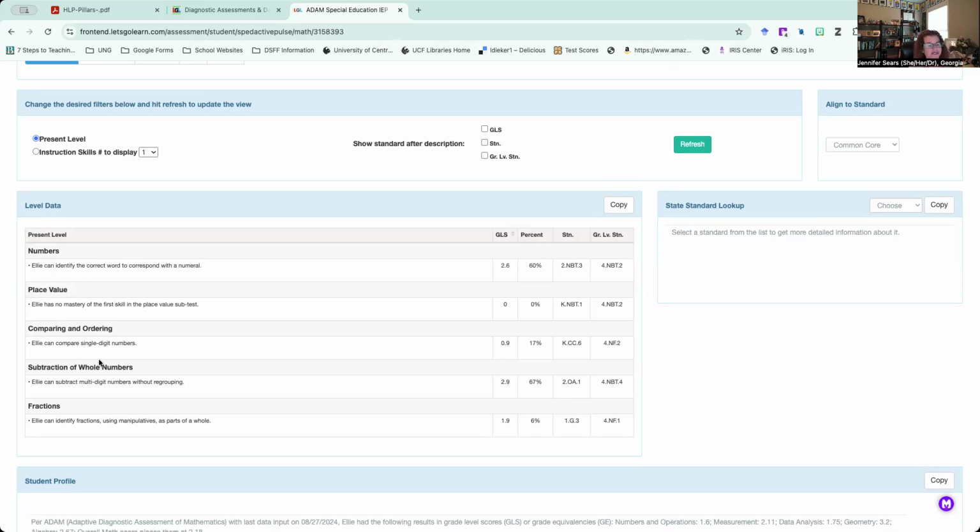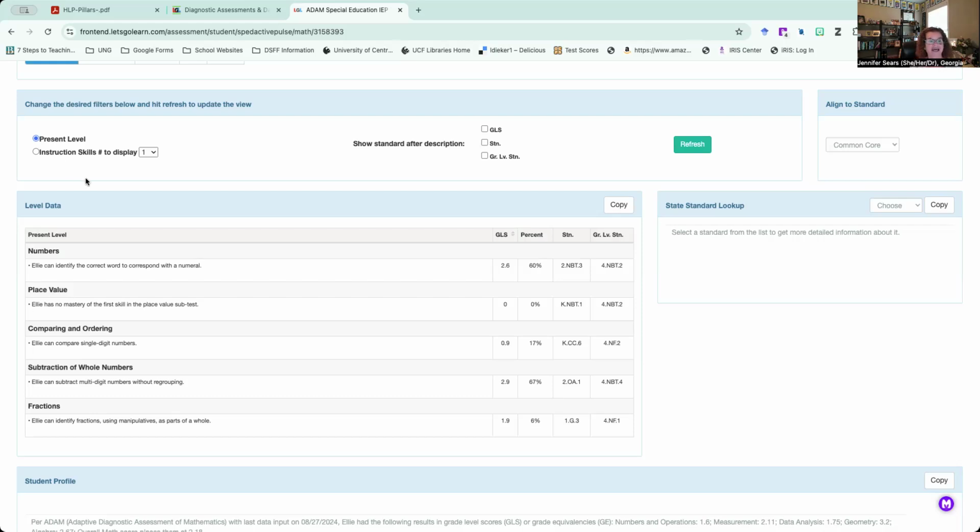That's a concern. She also can compare single-digit numbers. Okay, we're doing okay there. She can subtract multi-digit numbers without regrouping. So if she doesn't have to do that regrouping part, then she's all right. And then she also can identify fractions using manipulatives as part of a whole. Right. So I'm going to look at place value with Ellie.